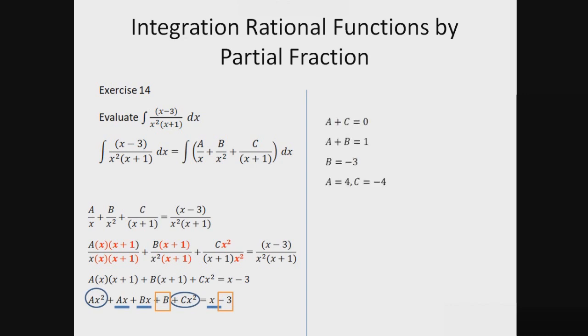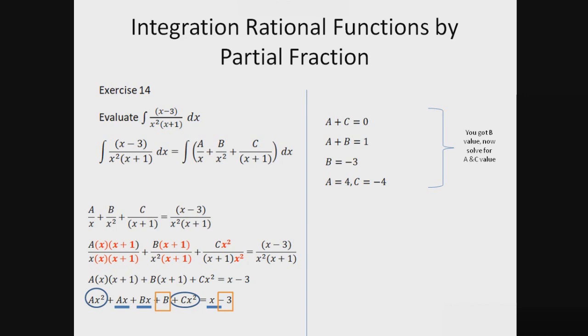So for the coefficient of x squared, we get a plus c equal to 0. For the coefficient of x, we get a plus b is equal to 1, and for the constant we get b is equal to negative 3. So since we have the b value, now we solve for the a and c values. So we get a is equal to 4, c is equal to negative 4.